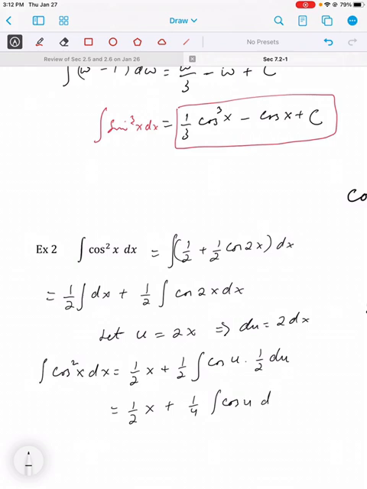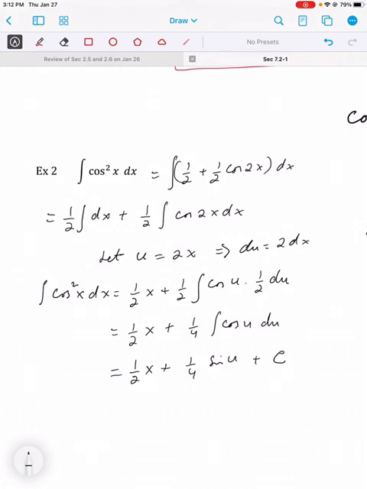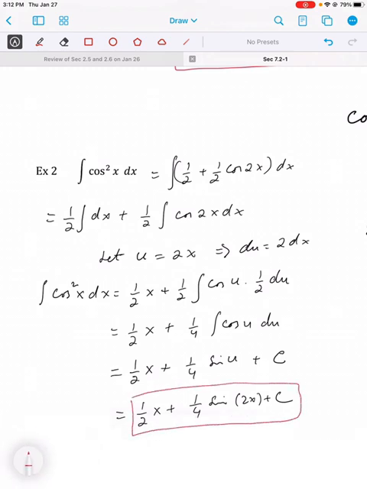So we get 1/2 x plus 1/4 sine of u plus c. We now go back and replace the u, so we end up with 1/2 x plus 1/4 sine of 2x plus c. That is how we integrate when we have cosine square x. In the same way, you should be able to do sine square x.